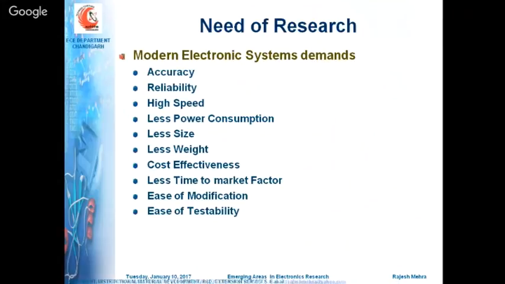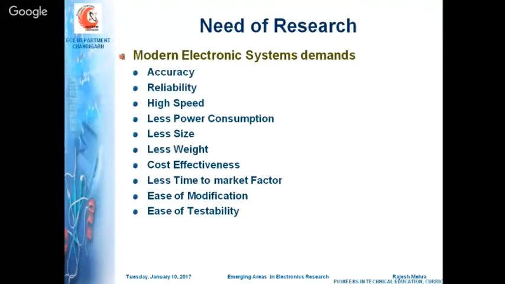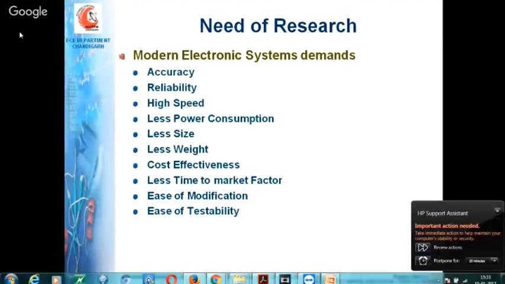Your system should be reliable, it should work for a longer period, and its performance should be very high in terms of speed. It should work at high speed, and the power consumption of your system should be less. Your system should be less in size and less in weight. Whatever product you are going to design, it should be cost effective, otherwise it is not going to survive in the market.